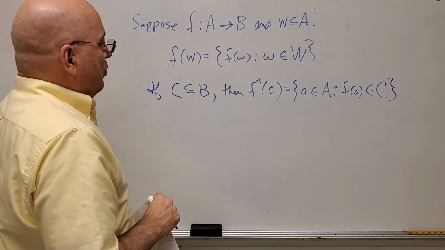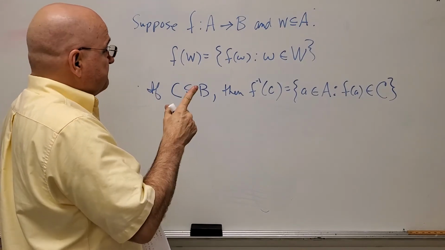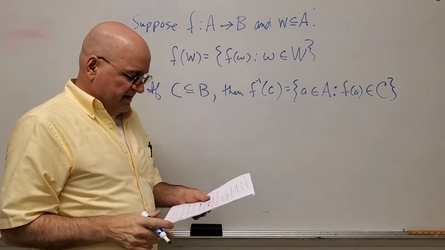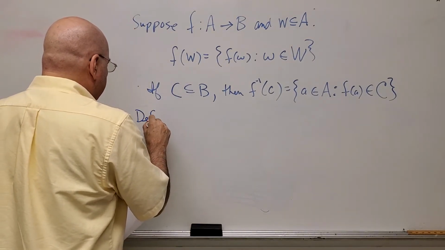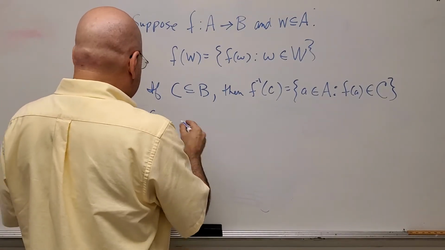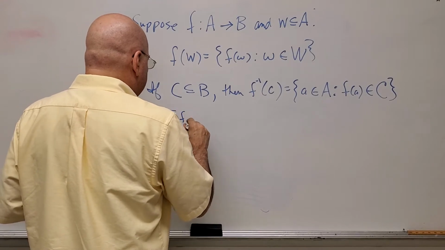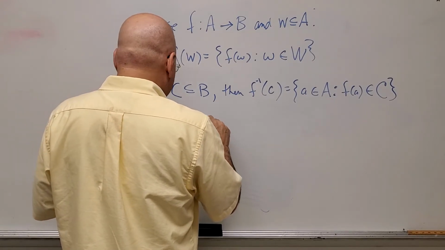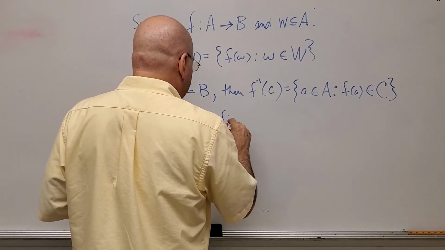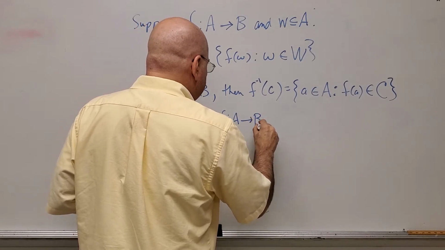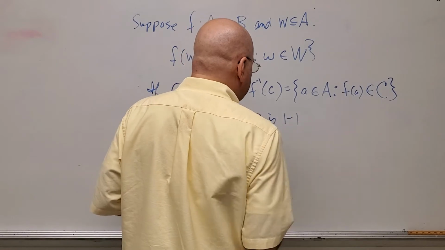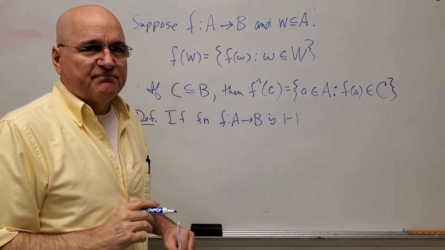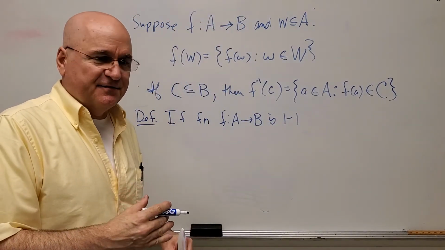Well, I've mentioned a one-to-one function already, kind of explained what it meant. I'm going to formally define it now, and more than that actually. If the function f, which goes A into B, is one-to-one, I guess what I'm defining here is the term injective.